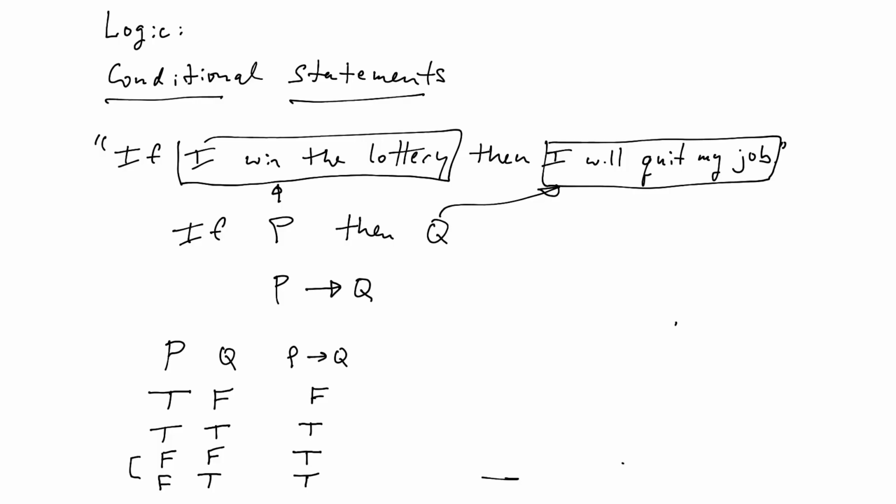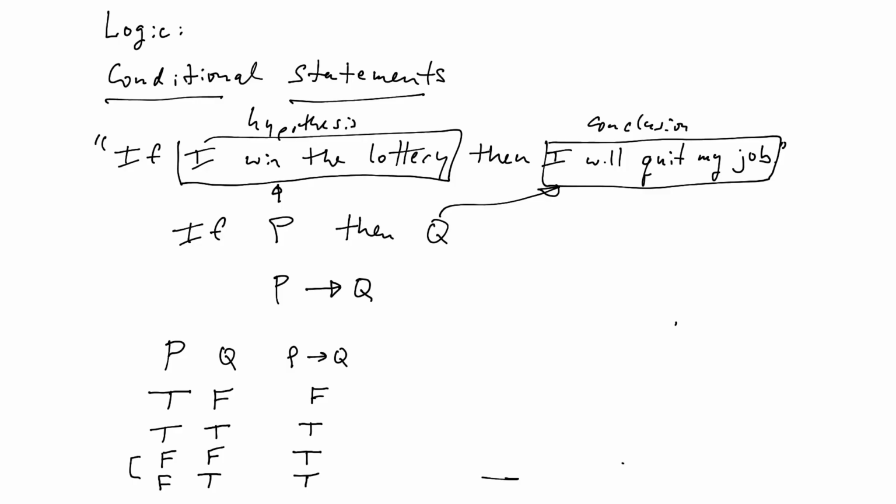So the only situation where an if-then statement like this is false is if the P, the first thing, by the way, is sometimes called the hypothesis, and the thing after the then is called the conclusion, just to give some terminology. So if the hypothesis is true but the conclusion is false, then the conditional statement is false.